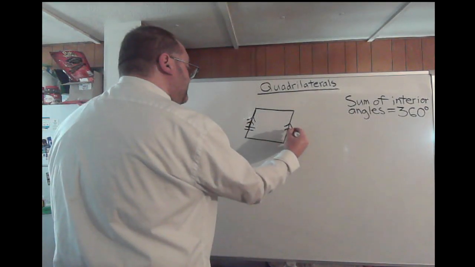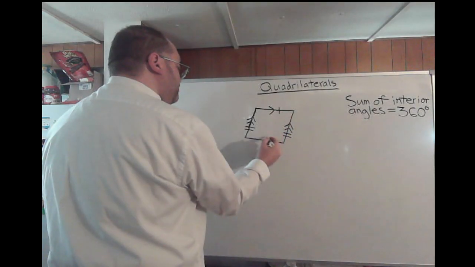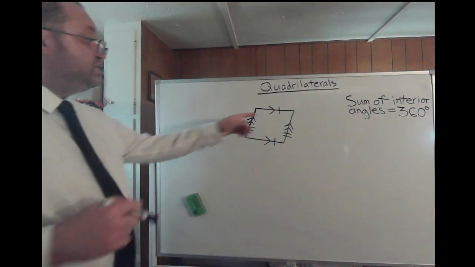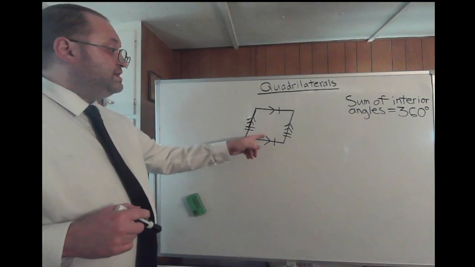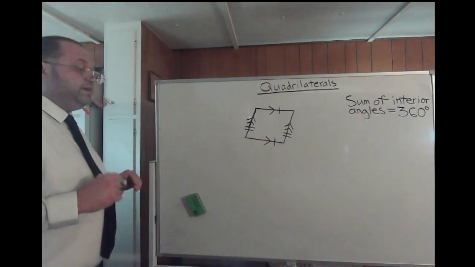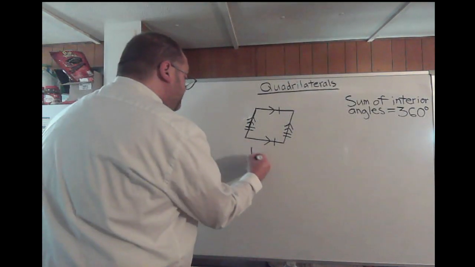Let's see here. So, this is a quadrilateral that has both pairs of opposite sides congruent and both pairs of opposite sides parallel. How would you describe this shape? It's for sure a parallelogram.